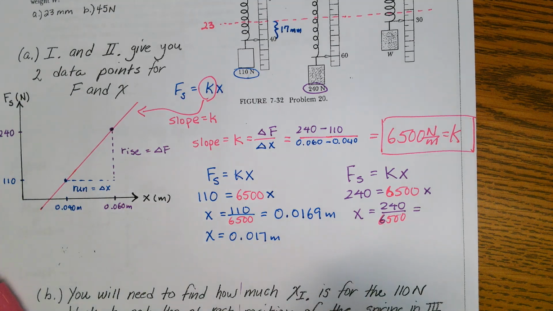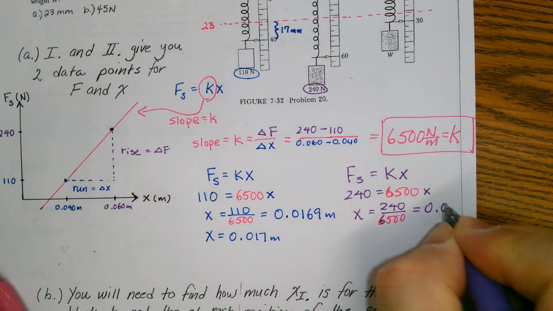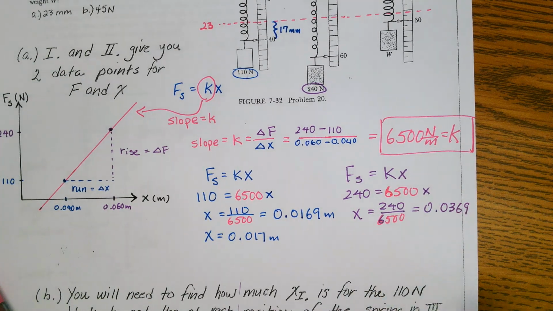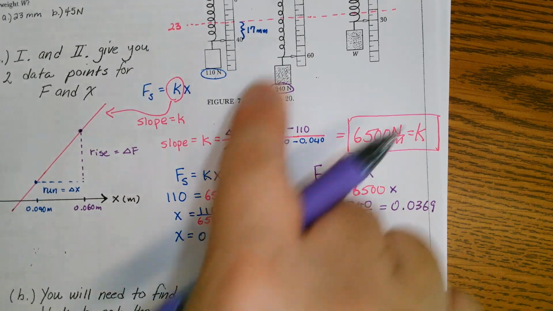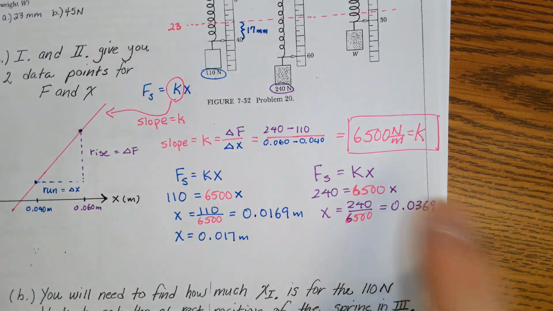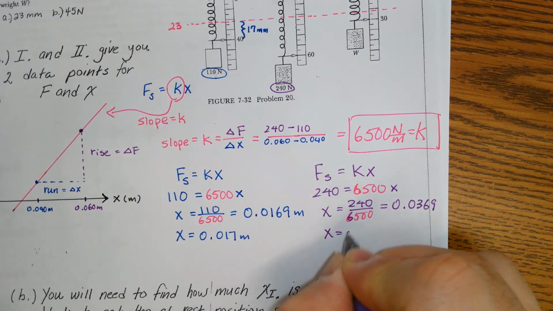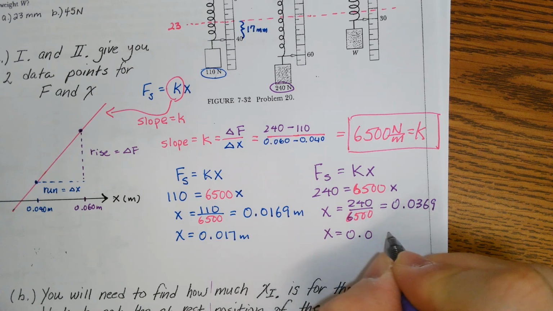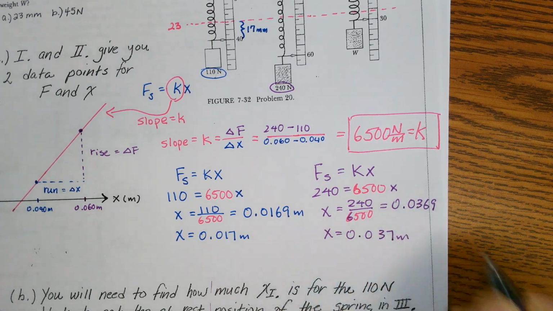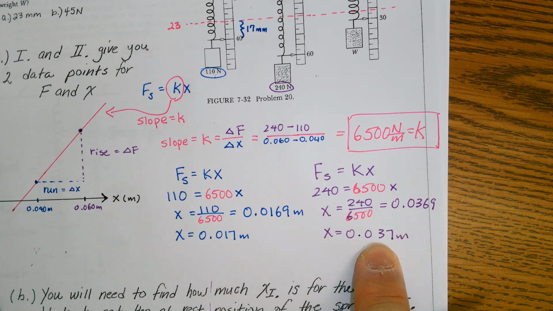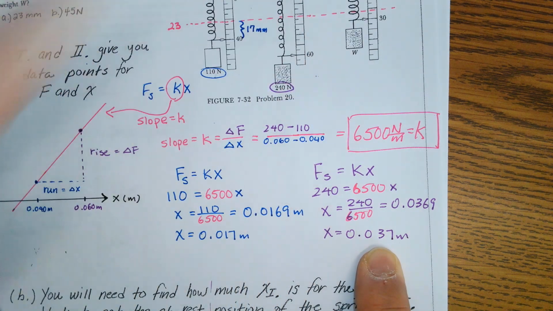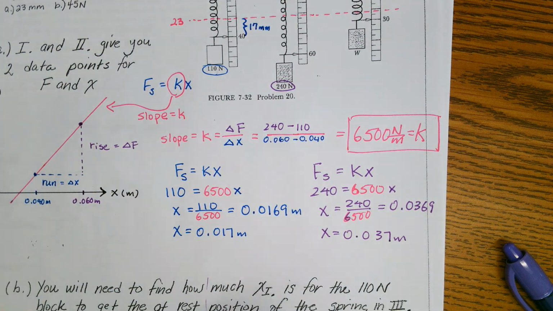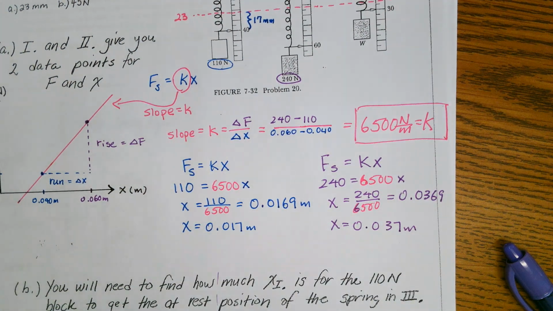You get 0.0369. So you could simply say it's like 0.037 meters, and if you subtract 60 from that, guess what? You get exactly 23 again.